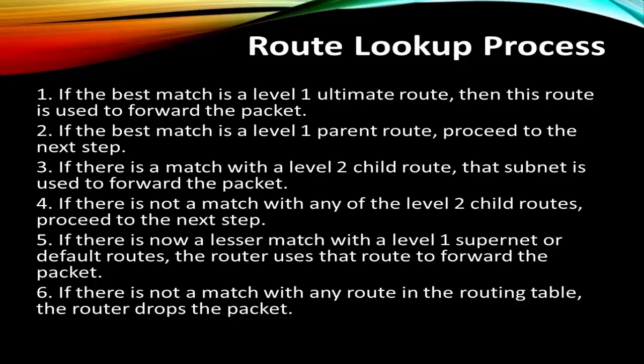That subnet is used to forward the packet. If there is no match with any level 2 routes, then we do a lesser match with a level 1 supernet or default route, and then we forward the packet, and if there is no match, we drop the packet.